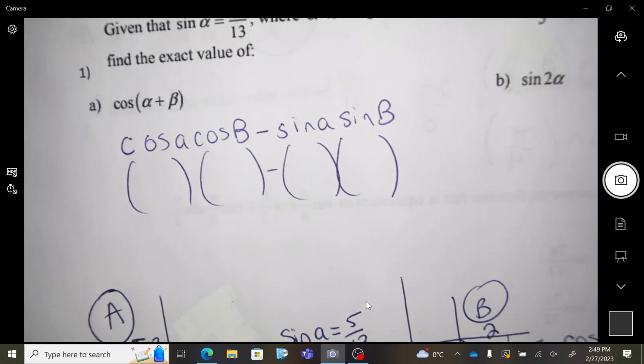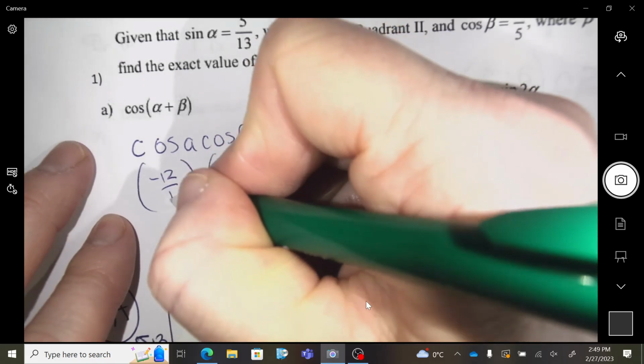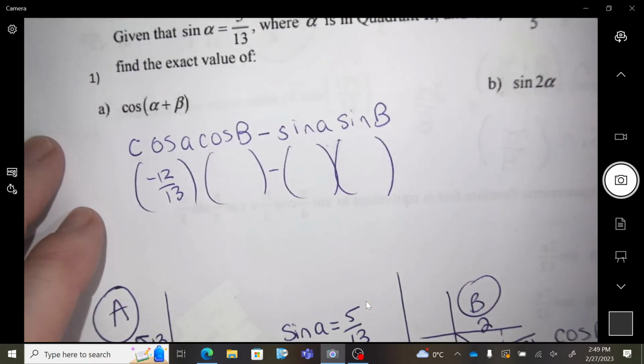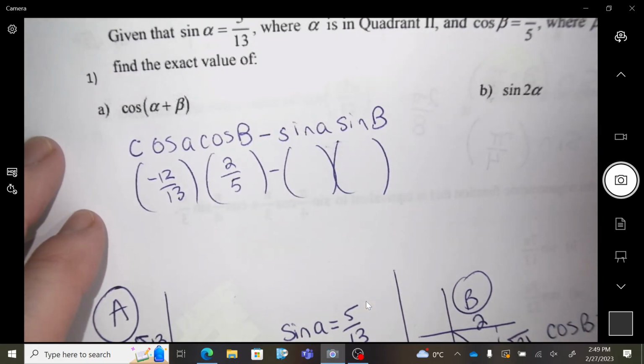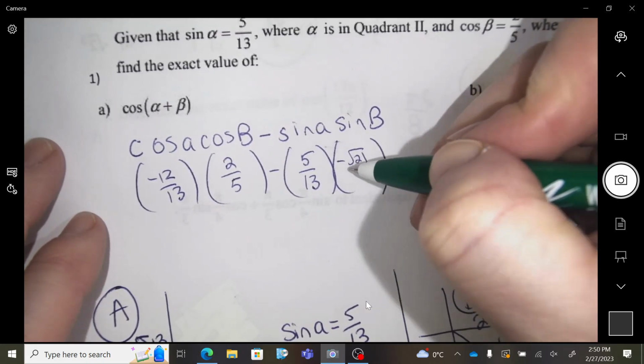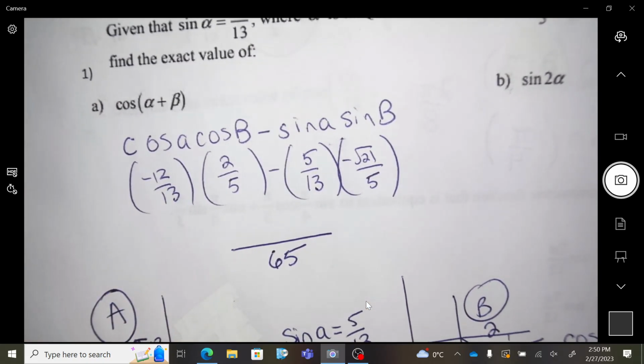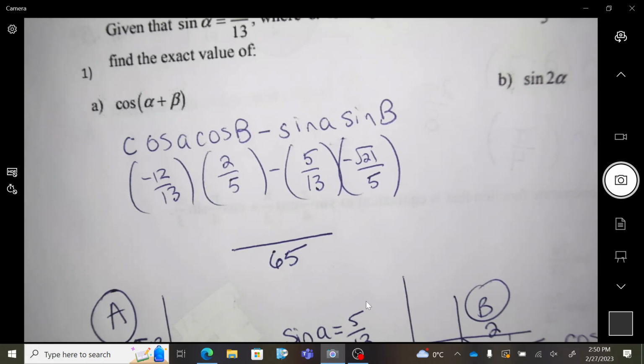Give yourself 4 brackets, fill in. Okay, everyone's good with the numbers plugged in? And both have a bottom of 65, so I'm going to group them together because they both have common denominators, so they can get put together.